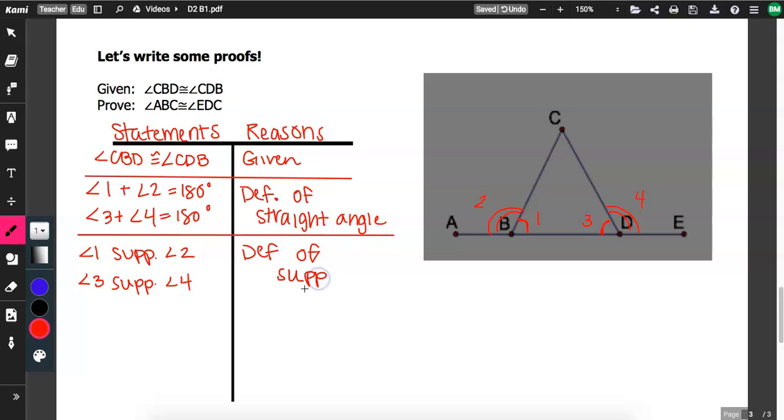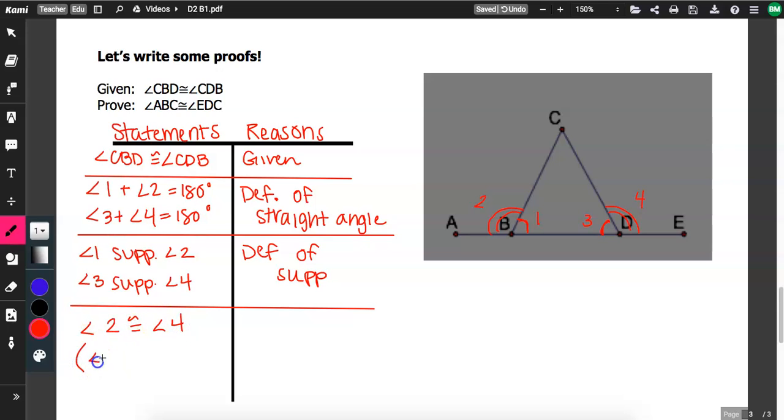So the reason we have that statement list is you can kind of refer back to it when you're writing your reasons. Most of our reasons will be something like the definition of this term, as we're writing. Okay, and if I know that those original angles are congruent, and I've stated which angles are supplementary, I can then state that angle 2 is congruent to angle 4.